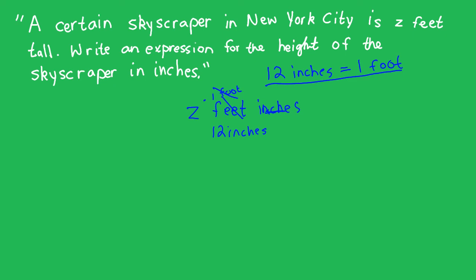And then just drop the z down there. So now it's z times 12 inches, which we could write also as 12z to put the coefficient in front and the variable in back. So our final expression for the height of the building is 12z inches.